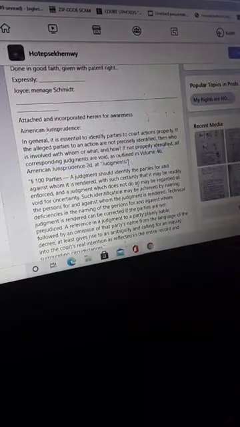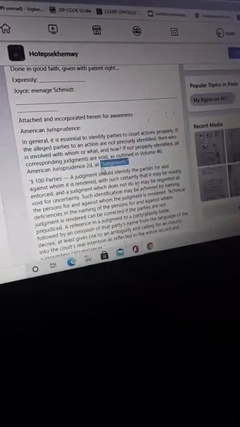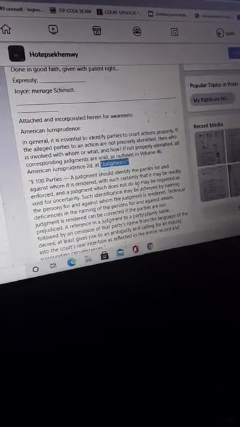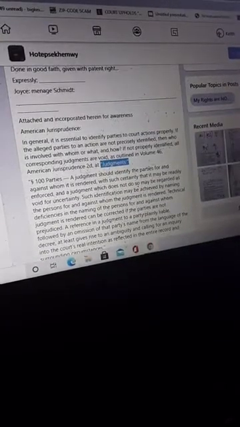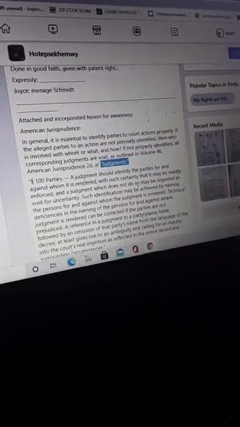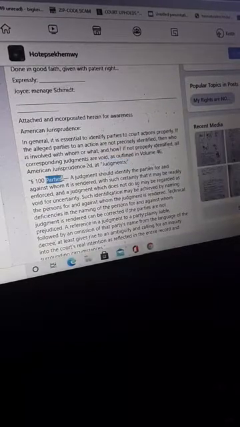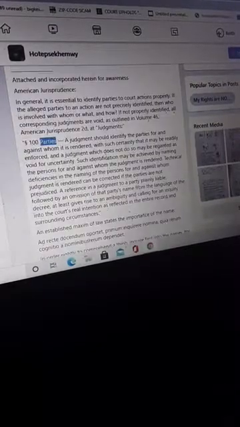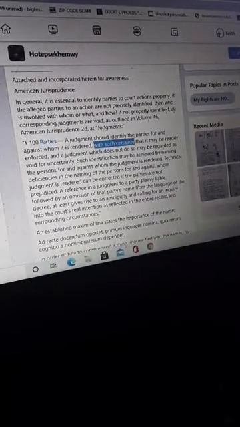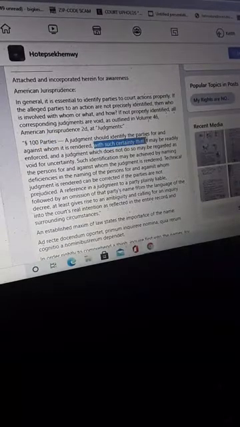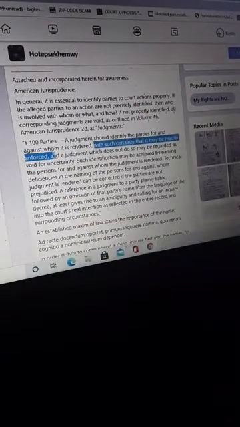People, it's already been judged. As it's written, so shall it be. What is done is what ought be done. There is nothing new under the sun. At Section 100, Parties: A judgment should identify the parties for and against whom it is rendered, with such certainty that it may be readily enforced.